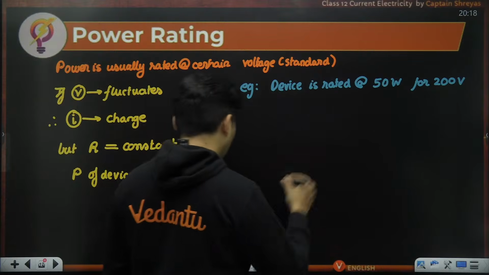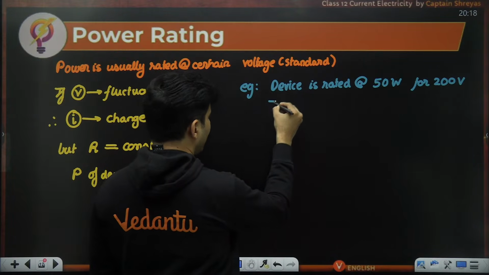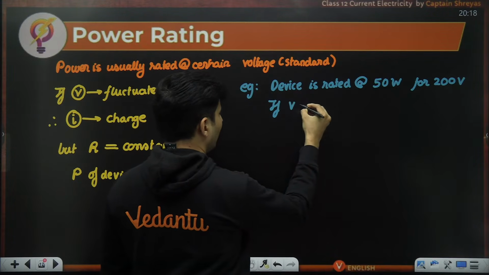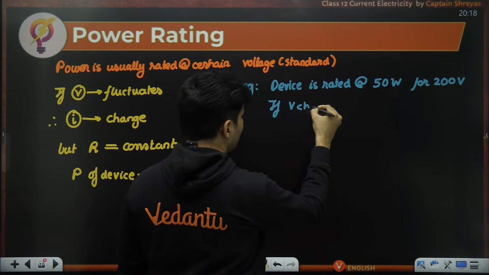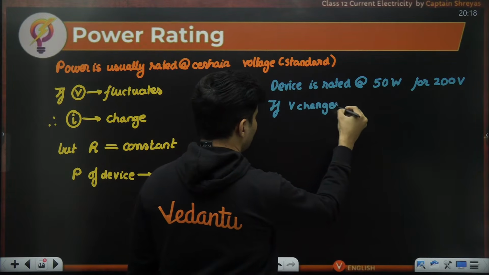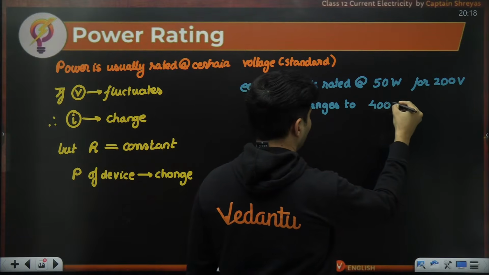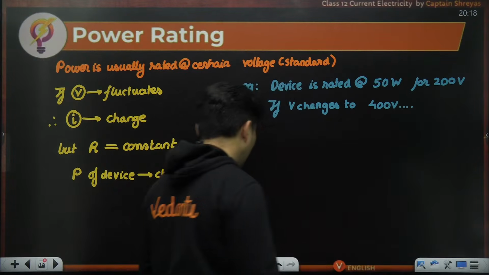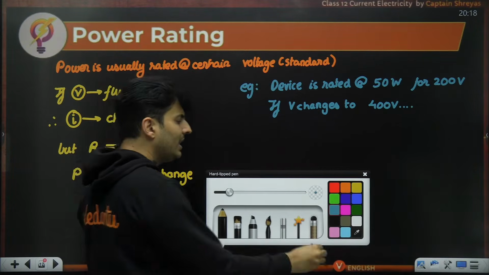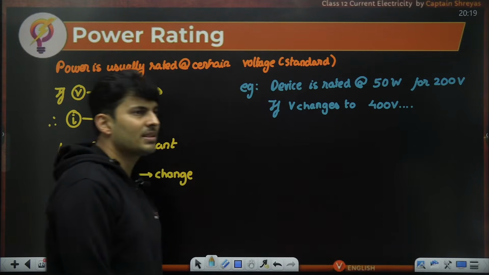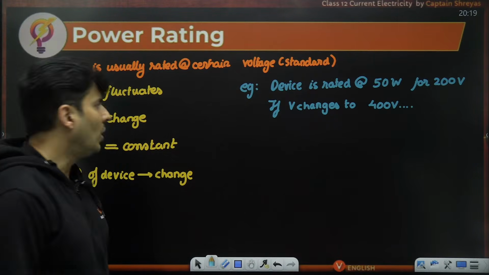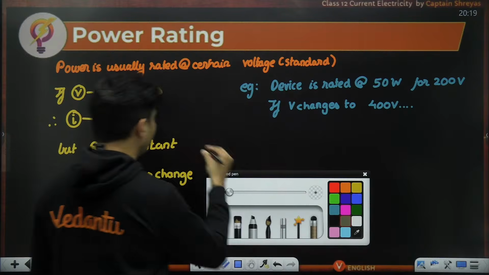Okay. Now I'm going to make a change. If the voltage changes to, for example, 400 volts, then what will exactly happen? Well, one thing is there that the resistance will not change. And we all know the power formula, what is it?